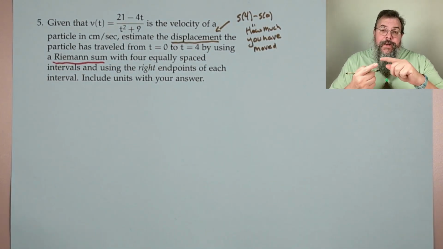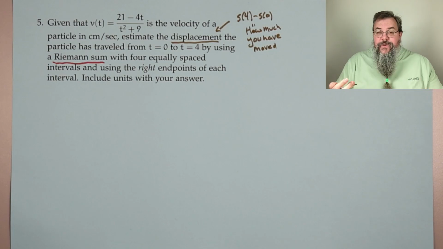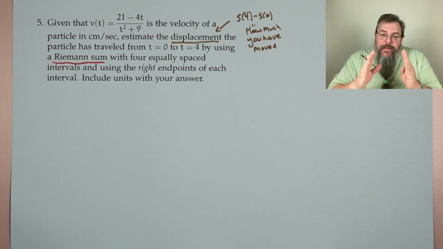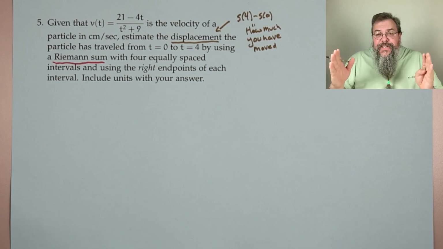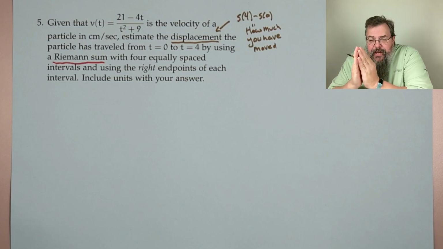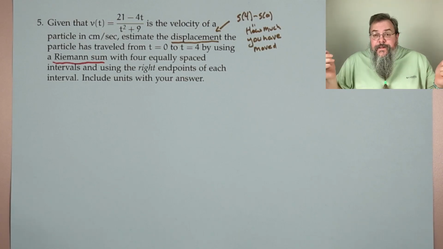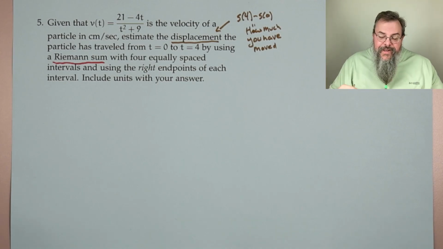Well, you take a velocity times the time, assuming your velocity is constant. When your velocity is changing, you cut things up in little tiny time segments, and your velocity never changes much in those tiny segments. Then you ask how much do I move in each little piece, and you add it up. Now, it's not perfect, but it can get there if you use more and more pieces. And that's one of the great stories that we have.